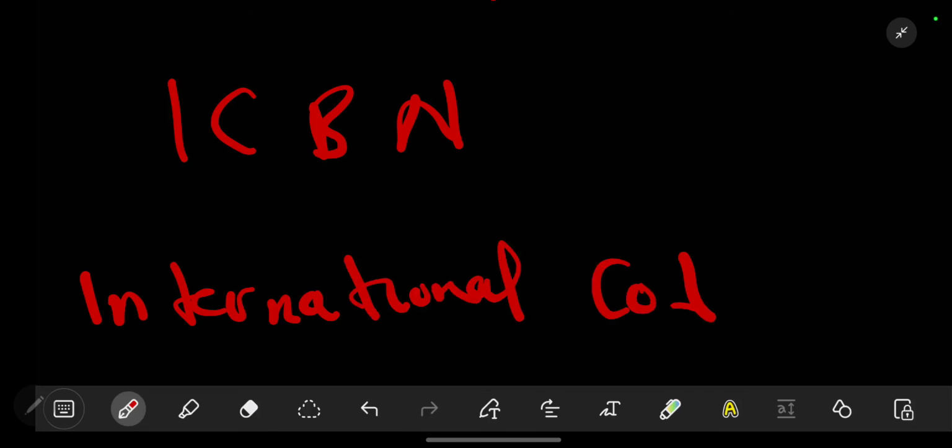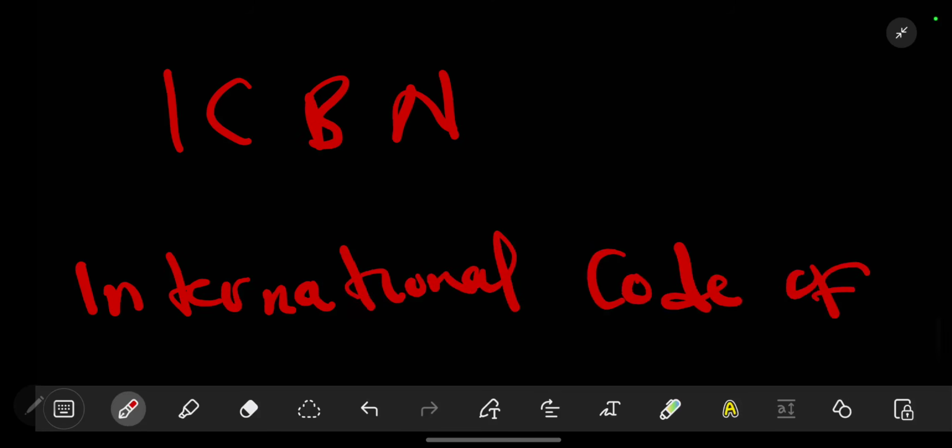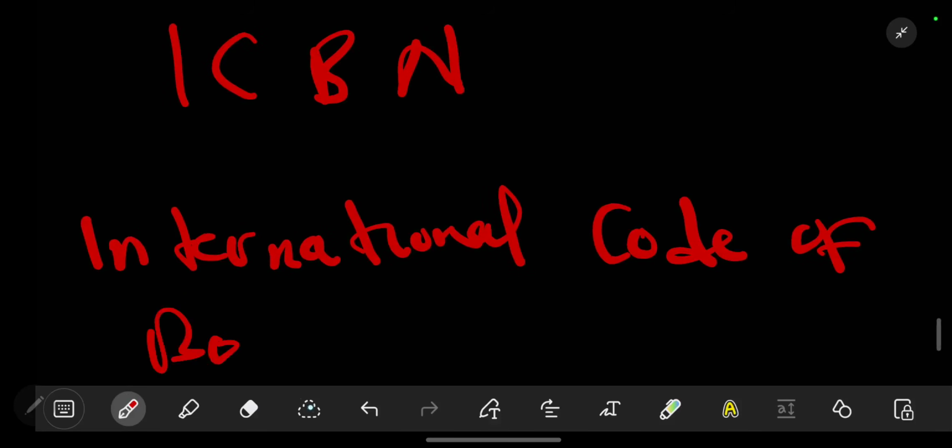This is what we call the International Code of Botanical Nomenclature. That's the meaning of the letters. B means botanical, meaning we are referring to plants.